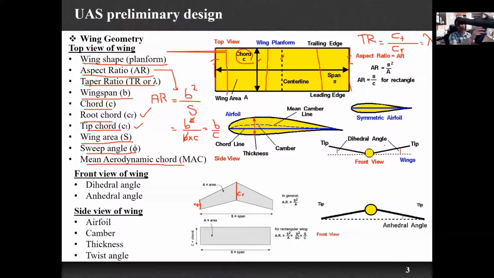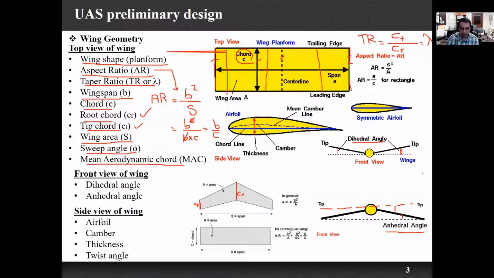What we can see from here are two angles: if this angle is upward, it is called the dihedral angle, and if it is downward, for example, if this is my horizontal line, this angle is called the anhedral angle. So what is the role of this? Why are we adding this angle to our wing from the front view? This is something that we will talk about soon.